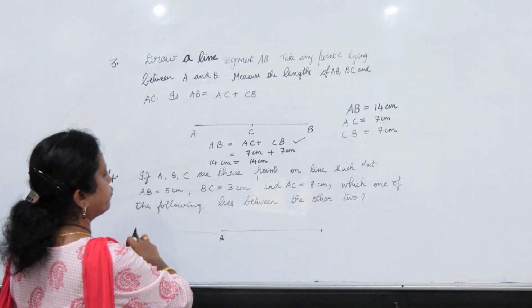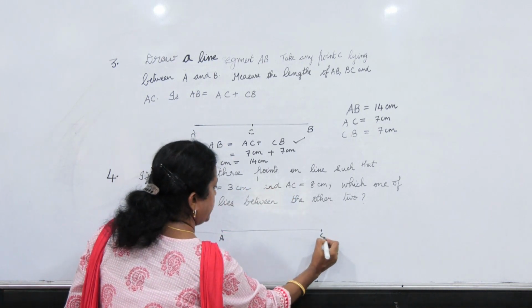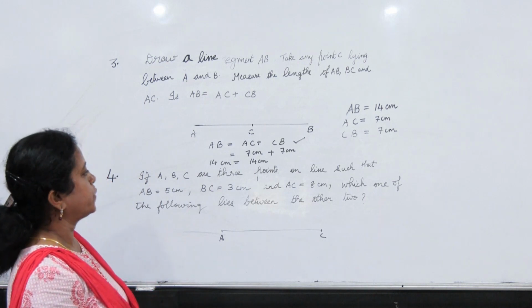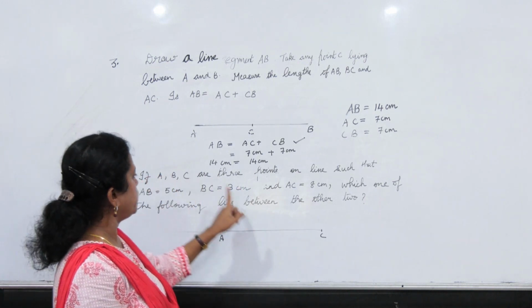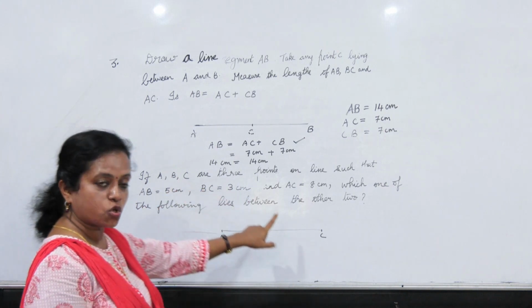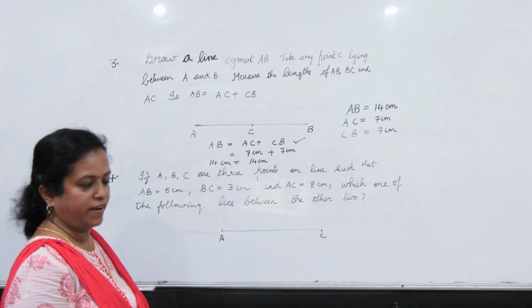The name of the line segment having length 8 centimeter is AC. So AC will be 8 centimeter. Now what you have to do is A, B and C. There is another point, that is B, which is on the line segment AC such that AB is equal to 5 centimeter.